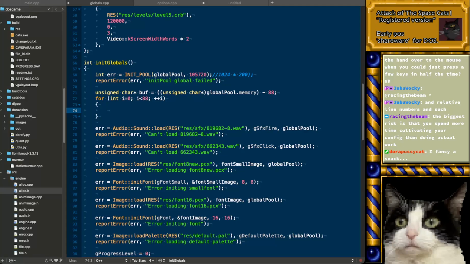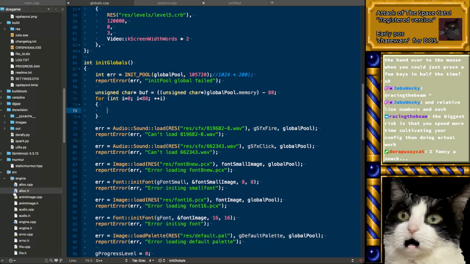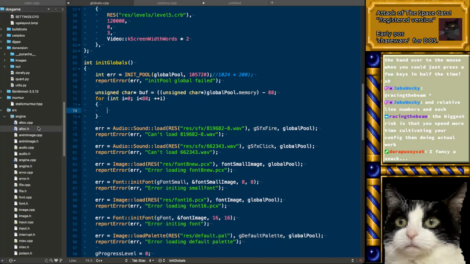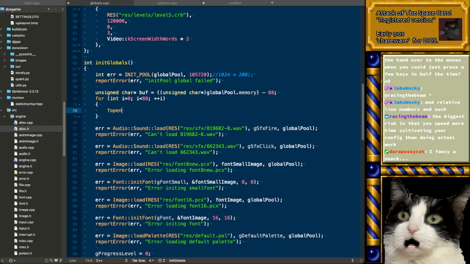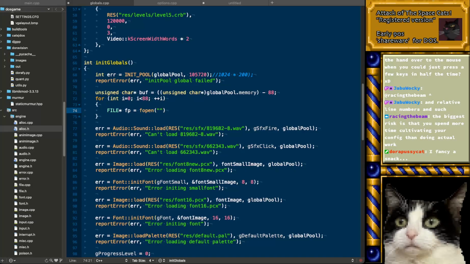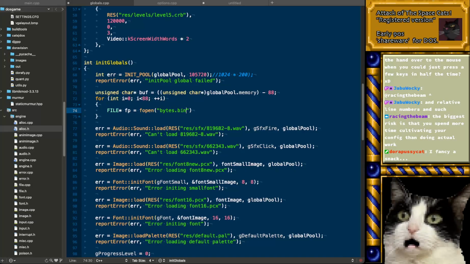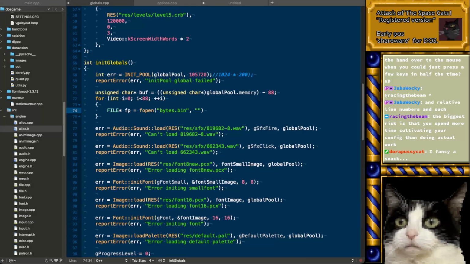Want to write this to a file or what? I suppose I'm going to have to. I should have functions for that. Or I could just do it. Right, binary.